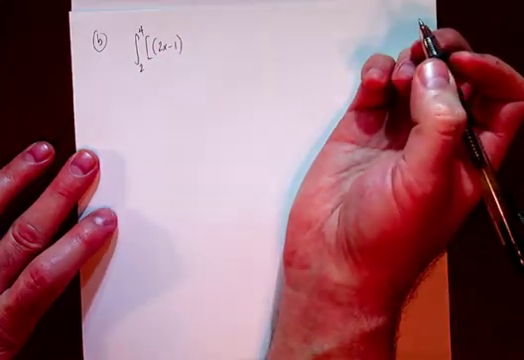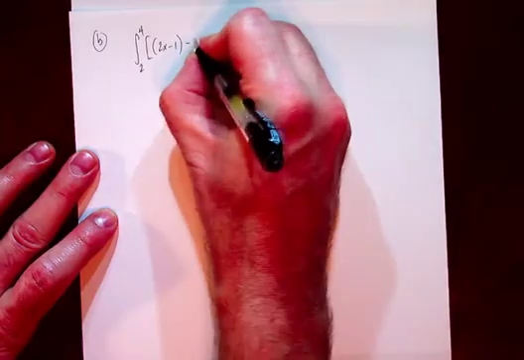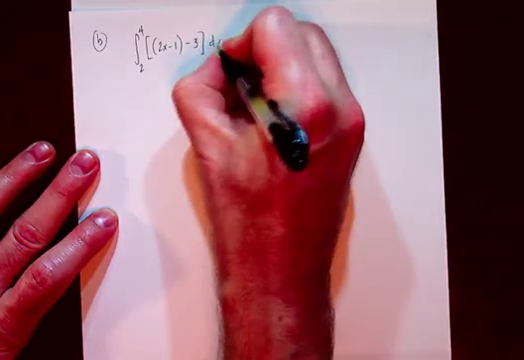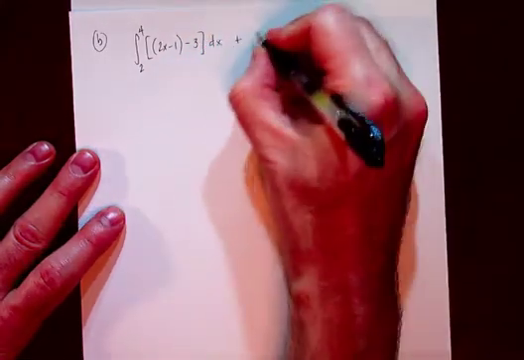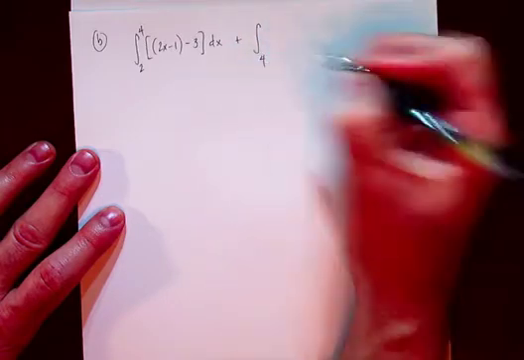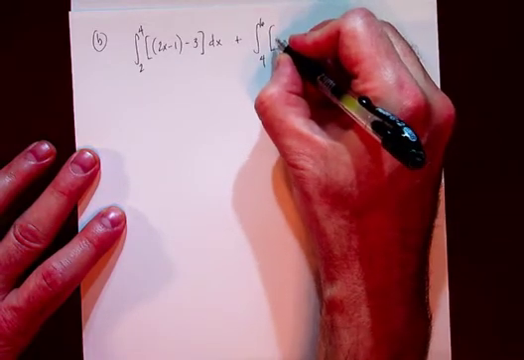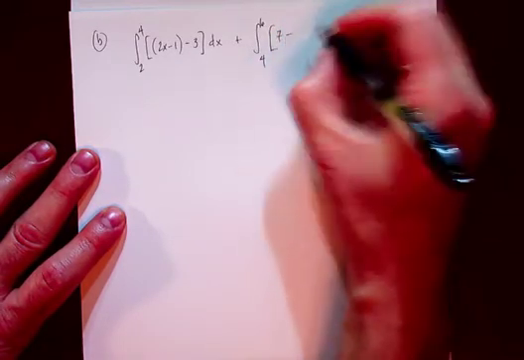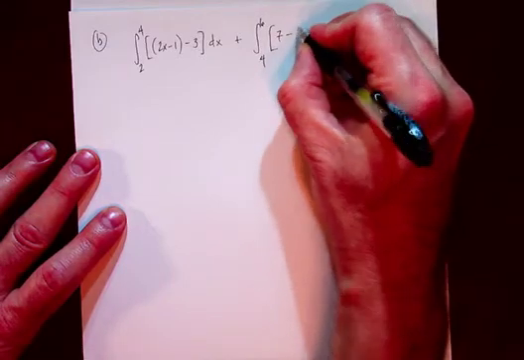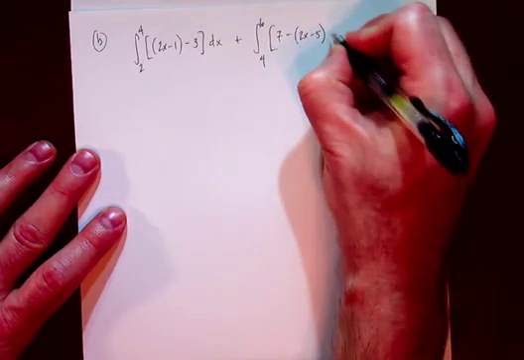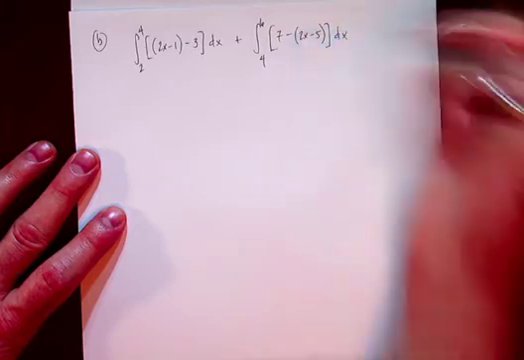My y3 is a constant function. It's just 3. And to that, I need to add my integral from 4 to 6. This one needs to go y4, and that's y is equal to 7. That's another constant function, minus y2, which was 2x minus 5, dx.